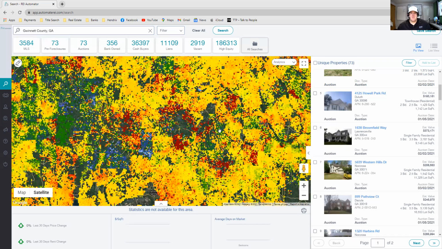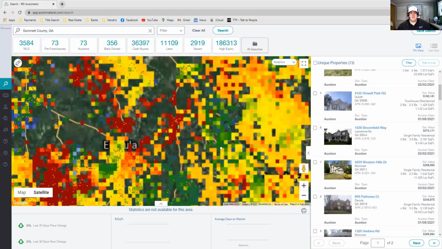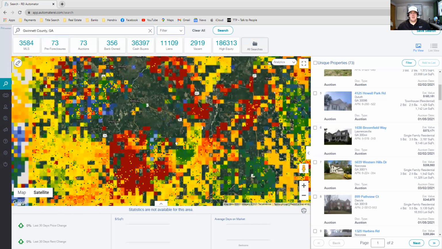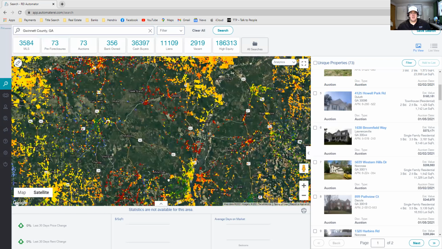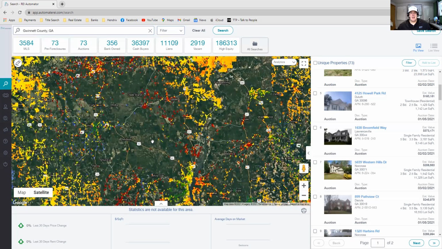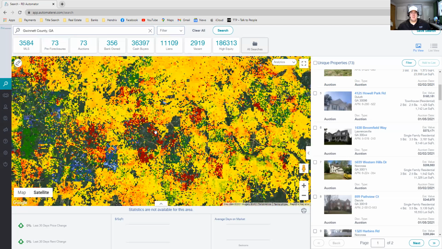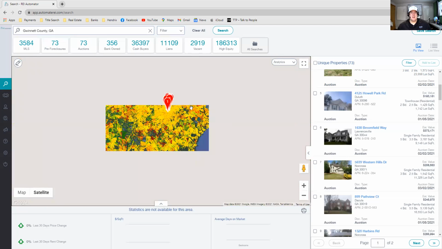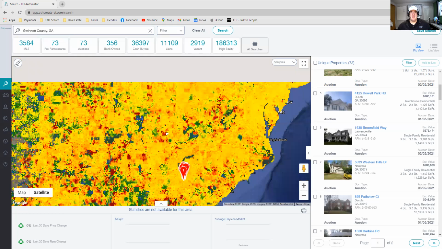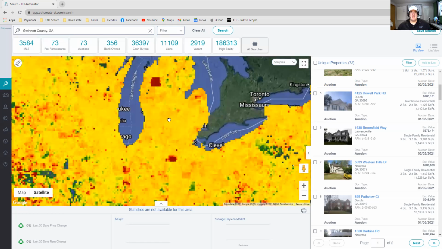That's one really nice thing that I like about Propstream, is it shows you kind of where people are buying. So you can better look at what areas you should be marketing in.